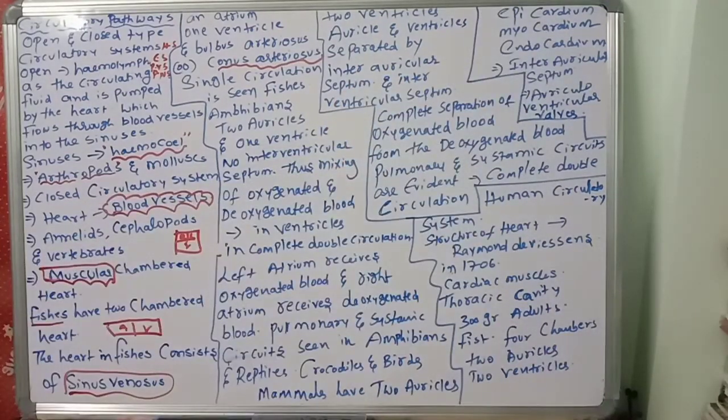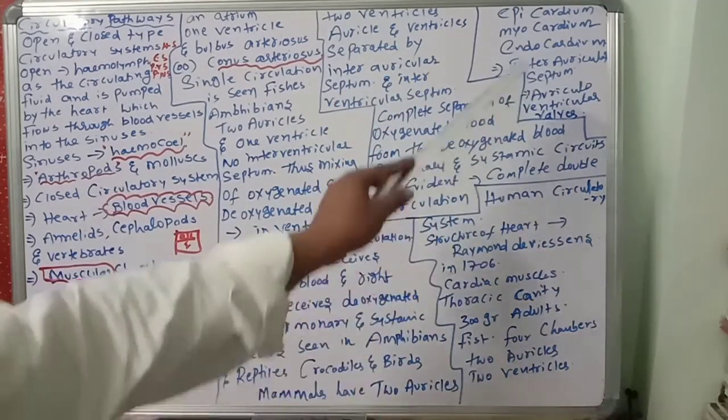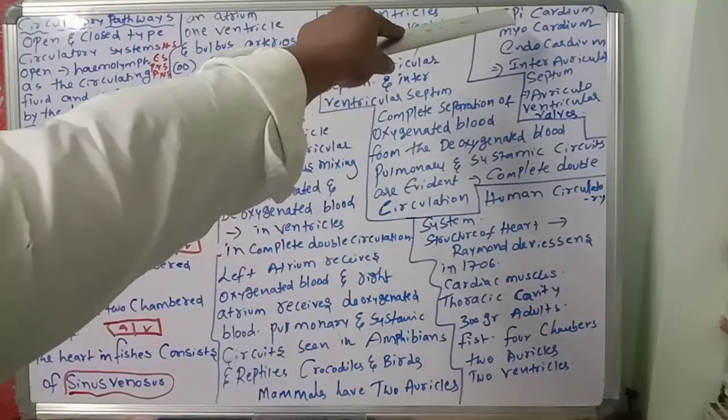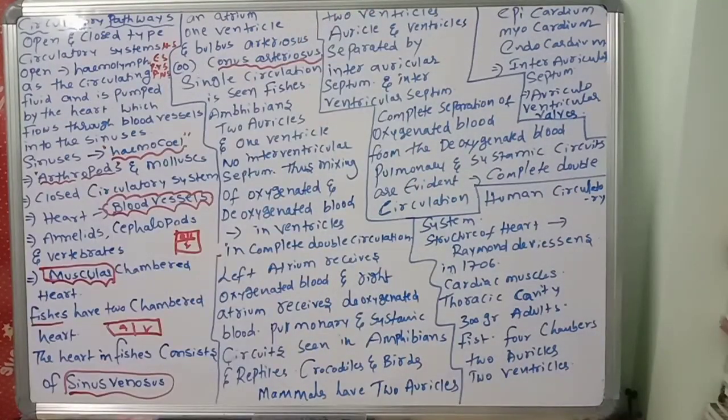The heart is covered by the pericardium, which protects the heart from external shocks and injuries.